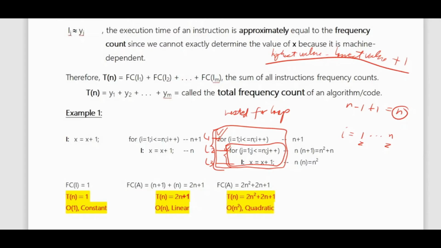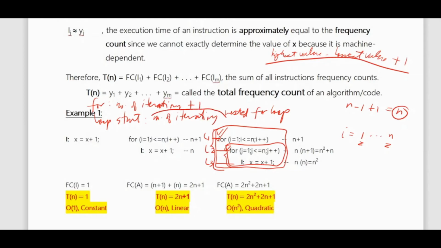But remember that this is a for loop heading, and what is our formula for the frequency count of the for loop heading? It is number of iterations plus 1. For the loop statement inside the loop body, it is simply the number of iterations.